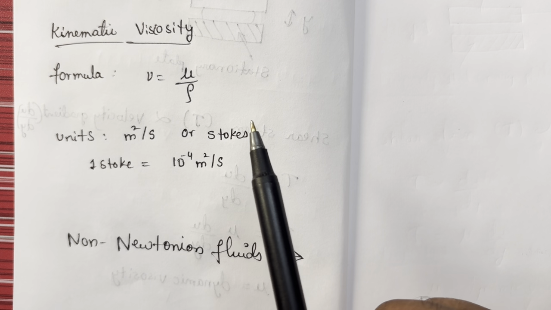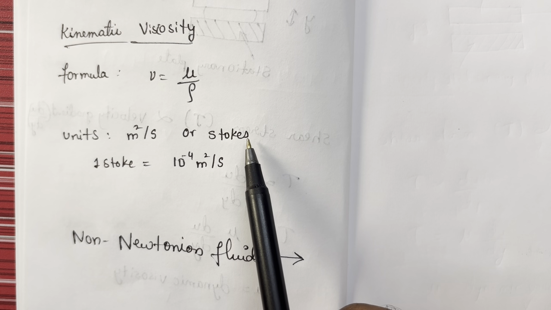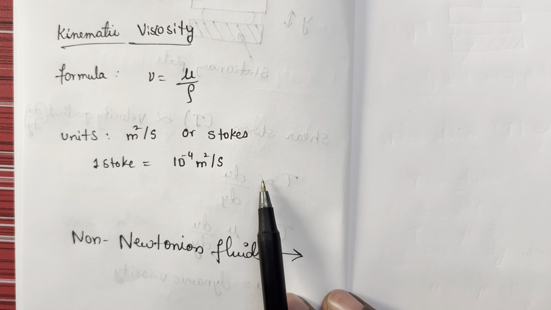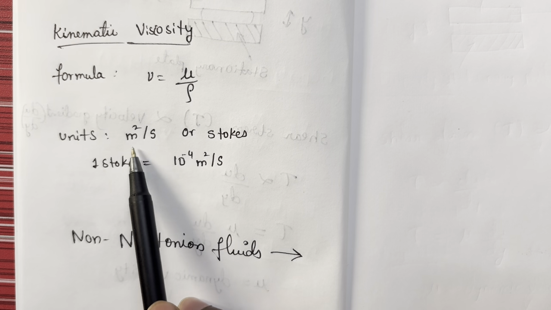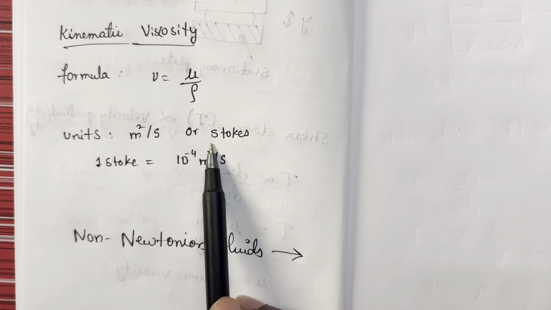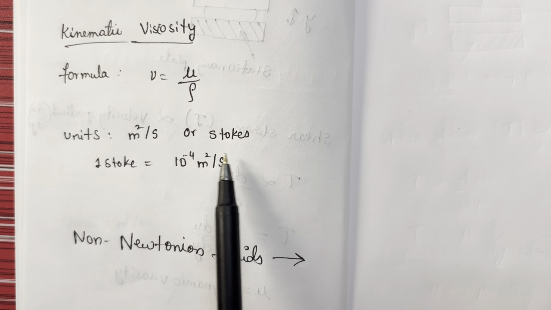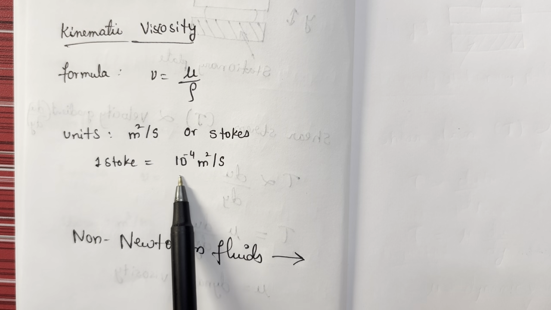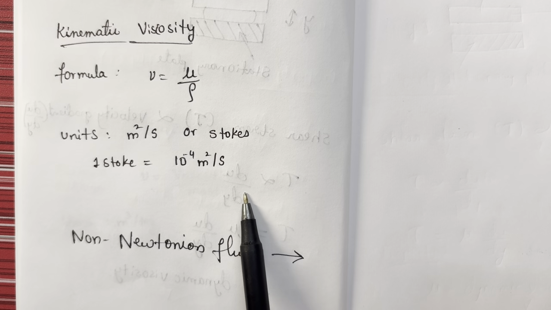Kinematic viscosity simply represents how easily a fluid flows under the force of gravity. Its units are meter square by second, and one more unit is Stokes. One Stoke is equal to 10 power minus 4 meter square per second.